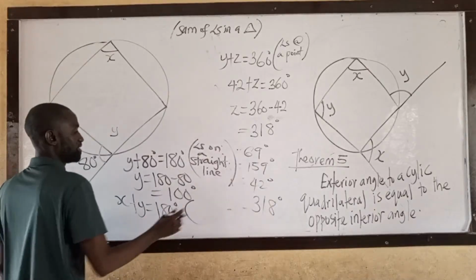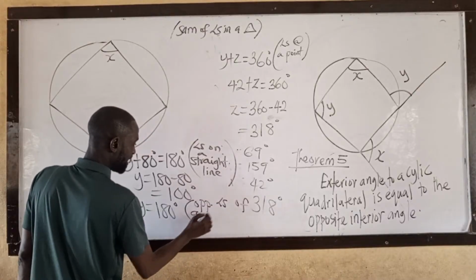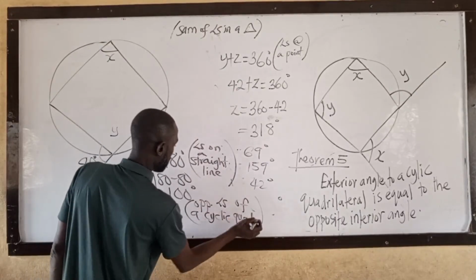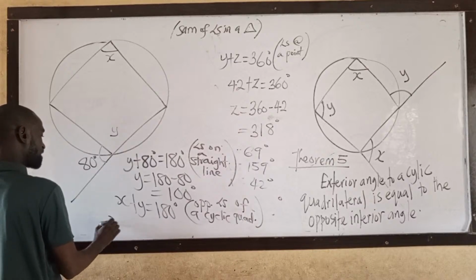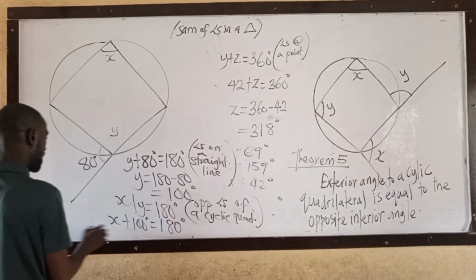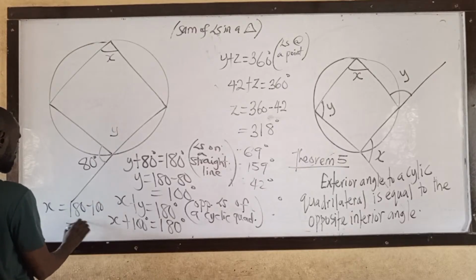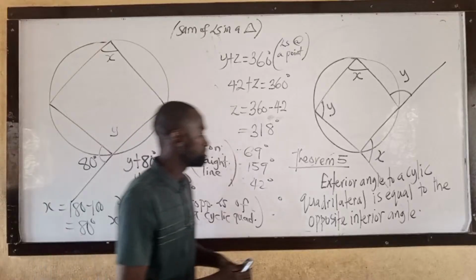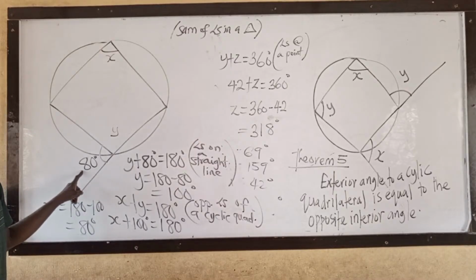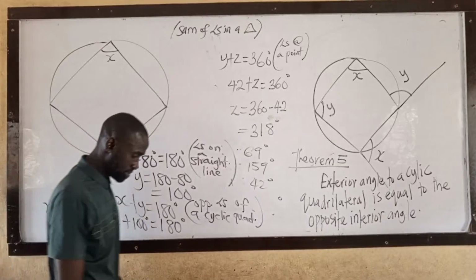The reason again: opposite angles of a cyclic quadrilateral. So x plus 100 is 180. x will be 180 minus 100, and that is 80. Okay, let's use this theorem straight. This x is external to this 80, so that is that and that.